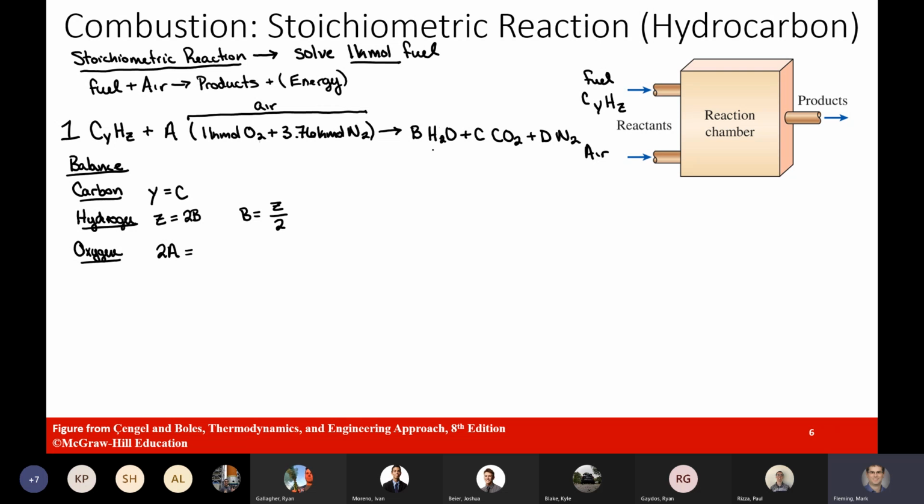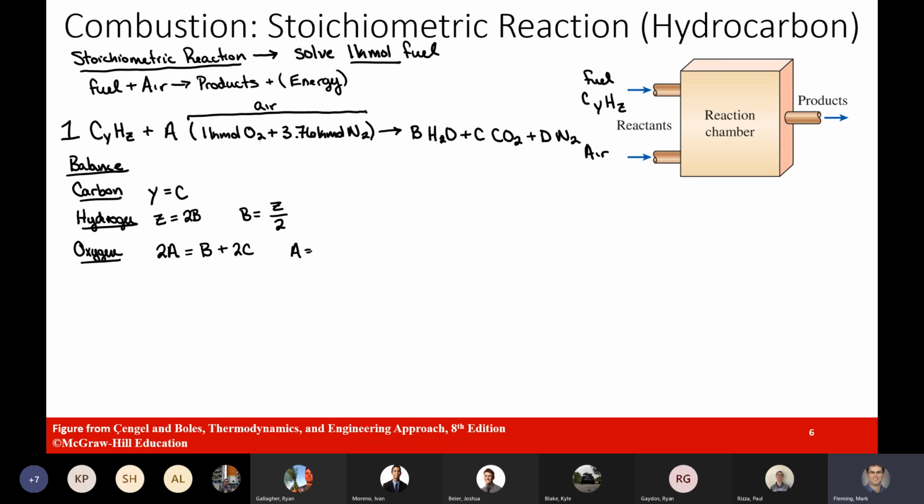And then we need the number of oxygen on the right-hand side. And this is where it gets a little complicated because we have an oxygen in the water. So we'll have 1 oxygen there, so plus B. And then we also have 2 oxygen in the carbon dioxide, so plus 2C. And so we can rearrange this.